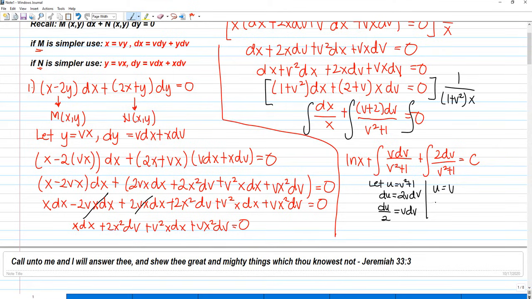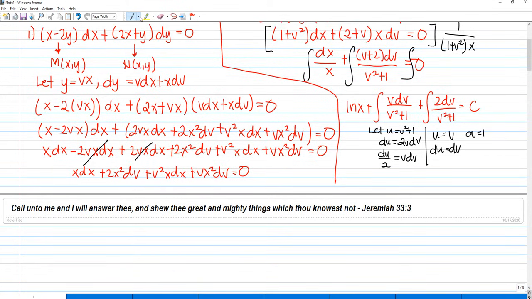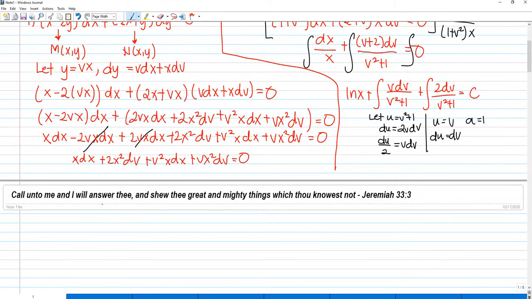So u is equal to v, and du will be equal to dv. The derivative of that is dv. Of course, our value of a is 1 here. Recall your integration yielding inverse trigonometric functions.